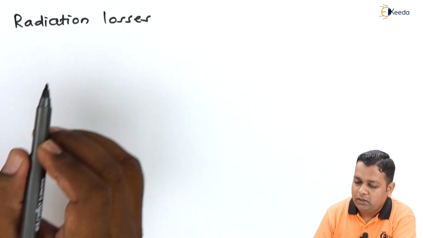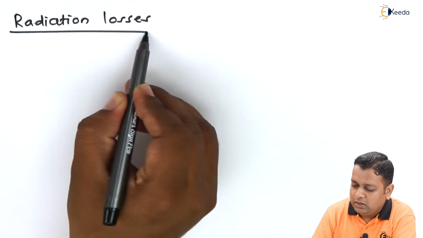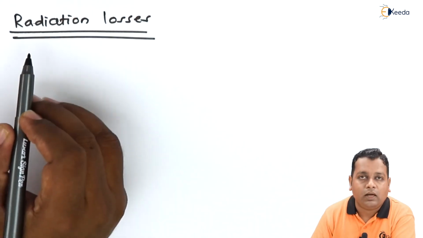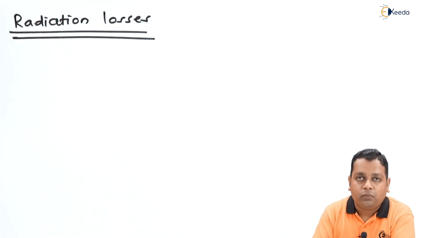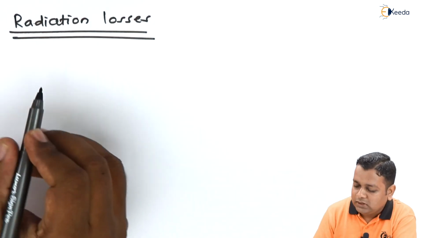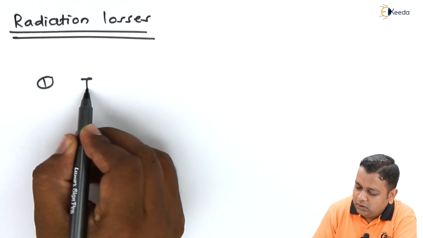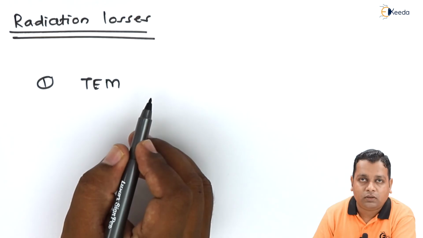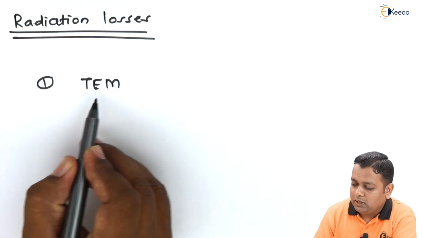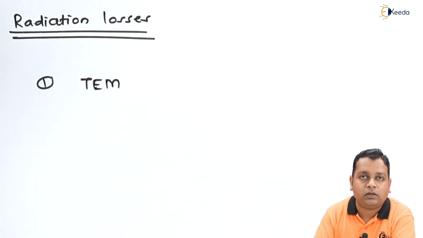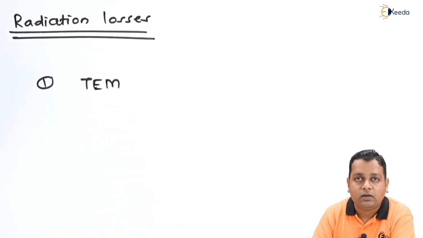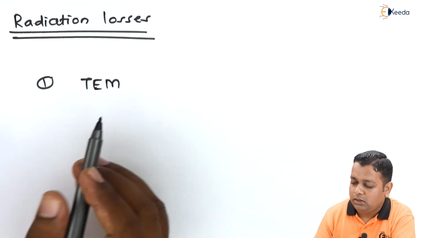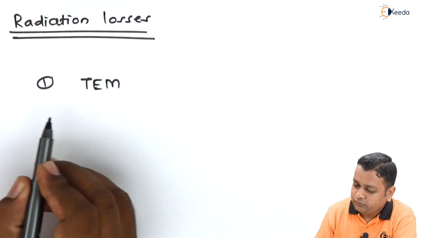In the microstrip line, the radiation losses are calculated as an approximate value with a few assumptions. The first is TEM transmission, but that is not actually the perfect case. Most of the time we find quasi-TEM transmission.